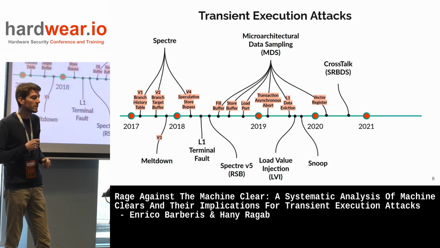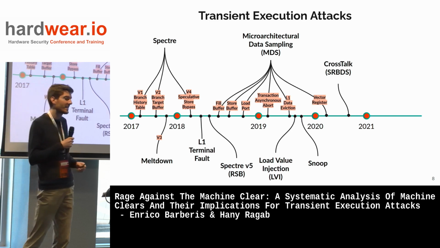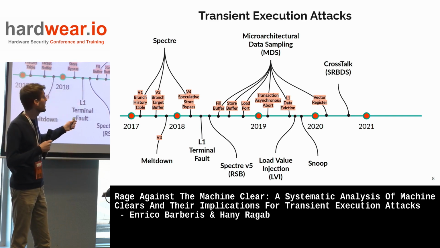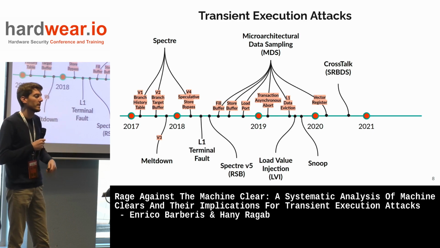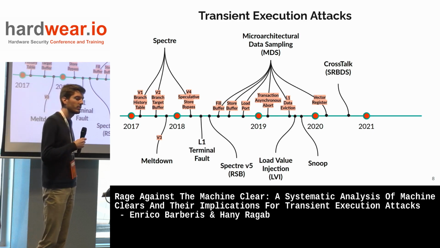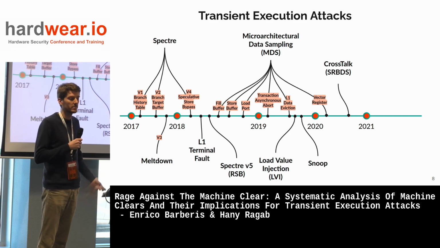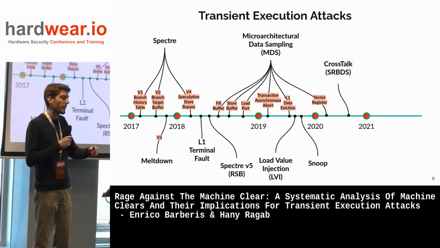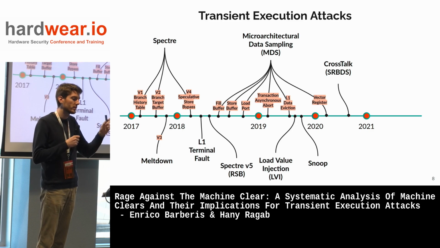Thanks to this, many attacks were published in the past years. We started with the huge family of Spectre on the left, Meltdown, then the big class of MDS, microarchitectural data sampling, came in with many buffers to exploit. We have load value injection. We even go beyond a single core.